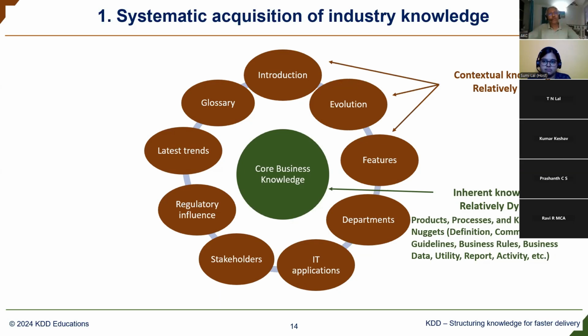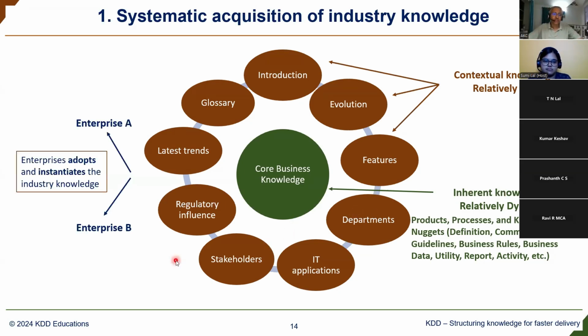So this is how the whole knowledge is structured: the contextual knowledge, which is relatively static, and then the inherent knowledge, which is more dynamic as we go along as part of the project. Now, when the industry adopts it, when the enterprise adopts it, it becomes enterprise knowledge for them. Two different enterprises can adopt it in a different way, or instantiate or customize it for their own purpose. So that's one aspect of DKF, systemic acquisition of industry knowledge.